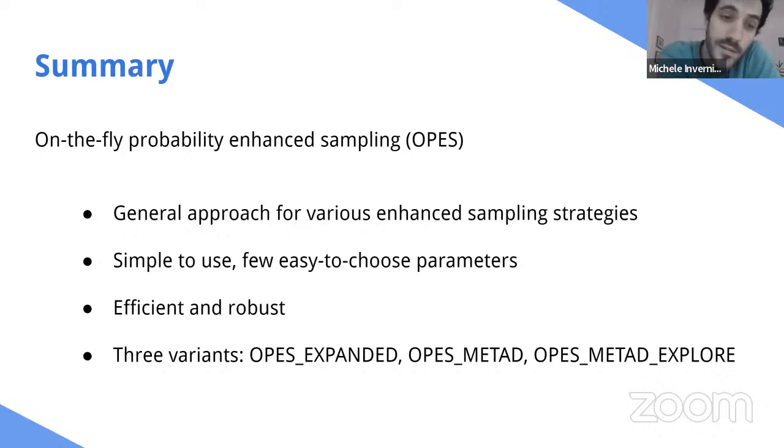The method was built with the goal of being simple to use, with few and easy to choose parameters, and to be efficient and robust, especially with respect to suboptimal collective variables. I've presented 3 variants, which are all implemented in PLUMED: OPES, OPES expanded, and OPES explore.